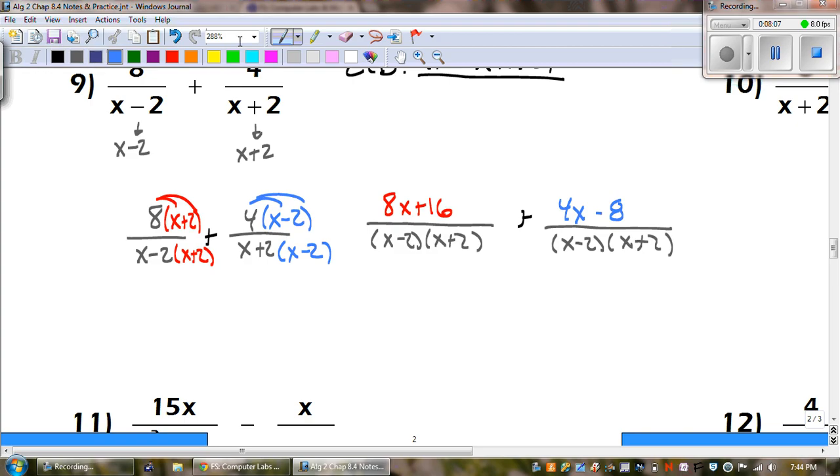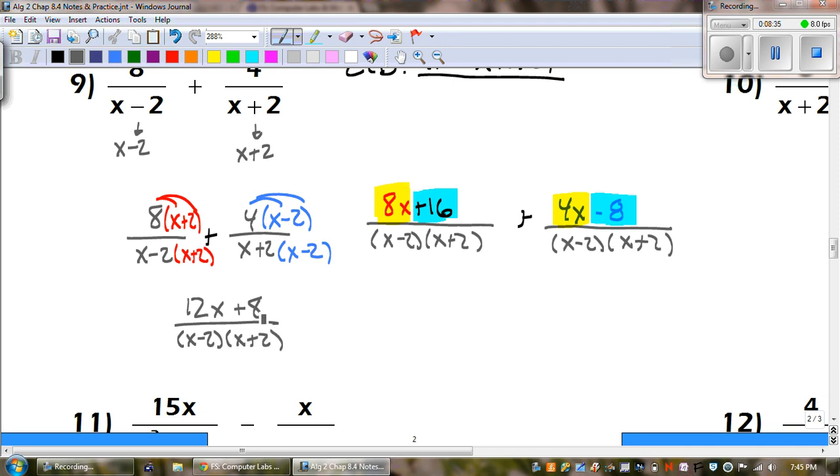We're going to combine our like terms. Since we're adding, I'm just going to add across. 8x and 4x is 12x. And then 16 minus 8 is positive 8. That's over x minus 2, x plus 2.